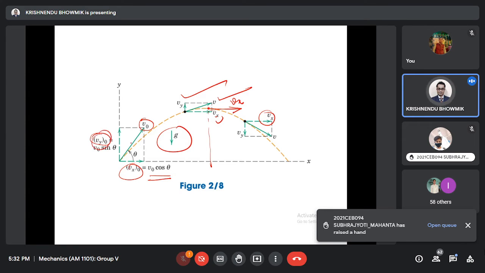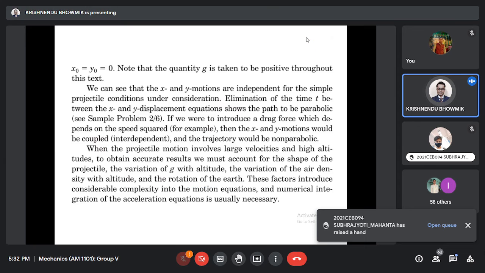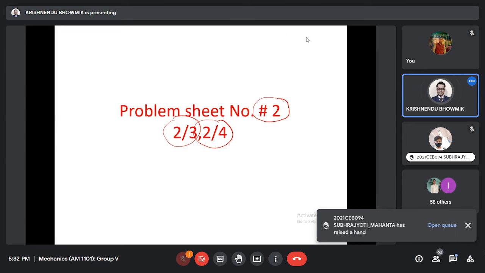Vy may be positive on the way up and negative on the way down. Instead of this, you may have an angular incline, where somebody throws a ball and you calculate the distance traveled. You know the remaining things from 10+2 standard, so I am not going into details. That's all. Then we can solve problem sheet 2.